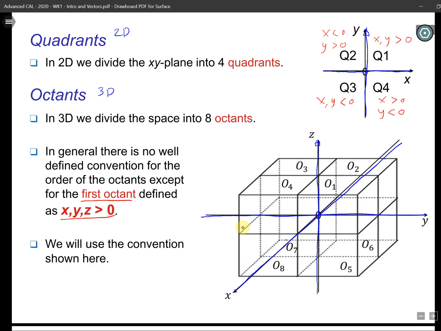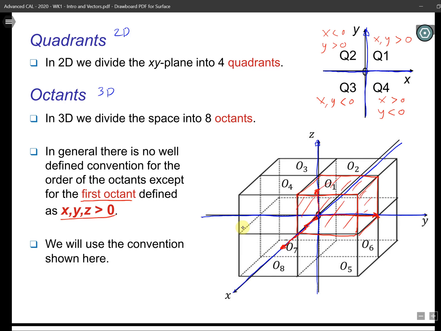So let's take a look here. X positive goes this way, y positive goes this way, and z positive goes this way. So when we use these red lines, we can see this box region right here. It doesn't stop at the end of the box, but this box is going to tell you the zone of this region. Octant 1 right here.